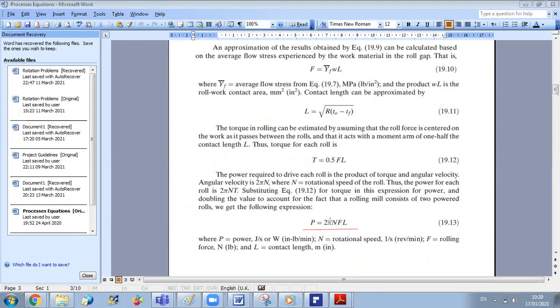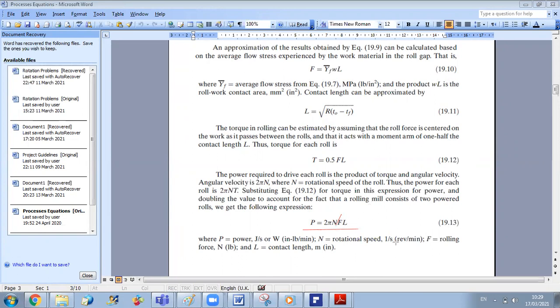So I can apply this formula 2 pi nFL in this problem, but I should make sure to have F in Newton, L in meter, and n in revolution per second. Because if it is in revolution per minute, I should add over 60 to this equation.